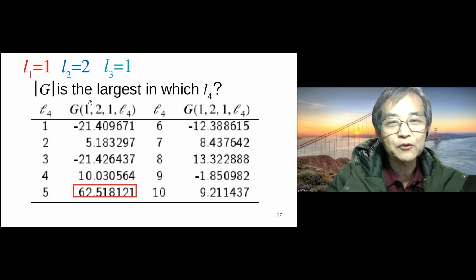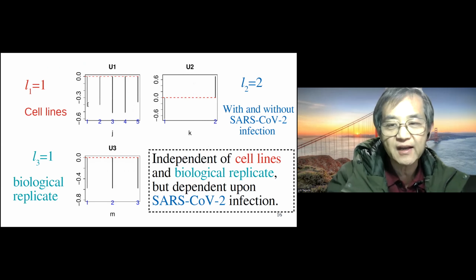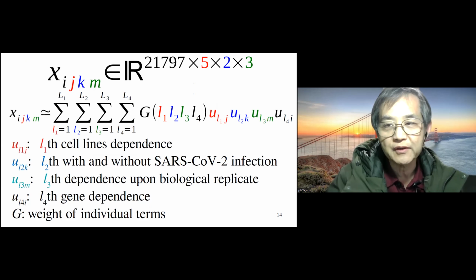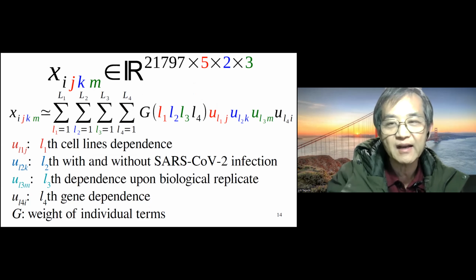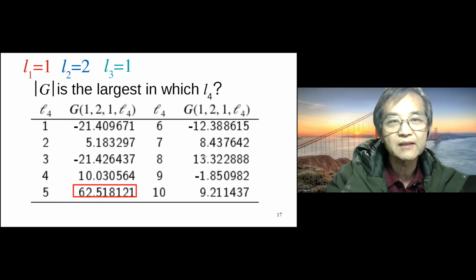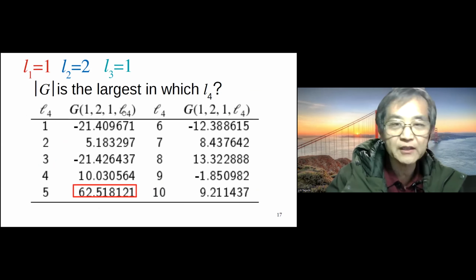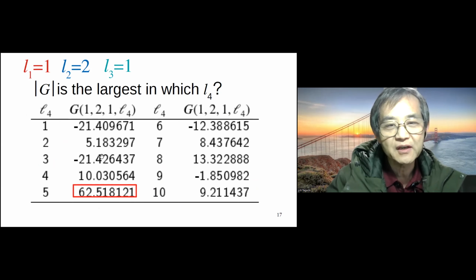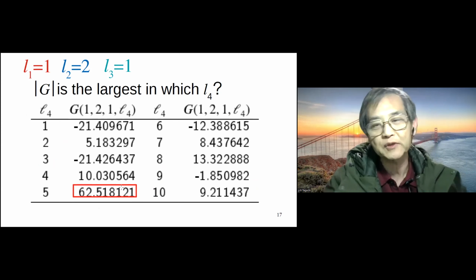Replicate. And we don't know which gene vector is associated with this one-to-one pair. Then we found this is the fifth one, L equals 4, which has the largest weight with these three. Then we know that this vector should be important.